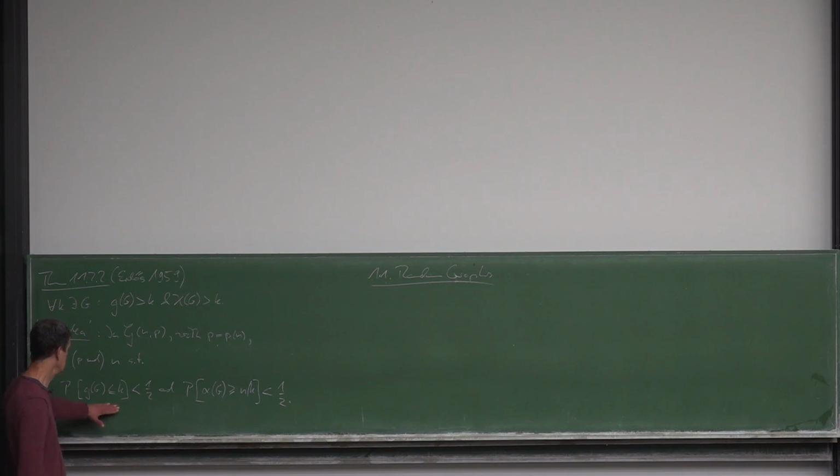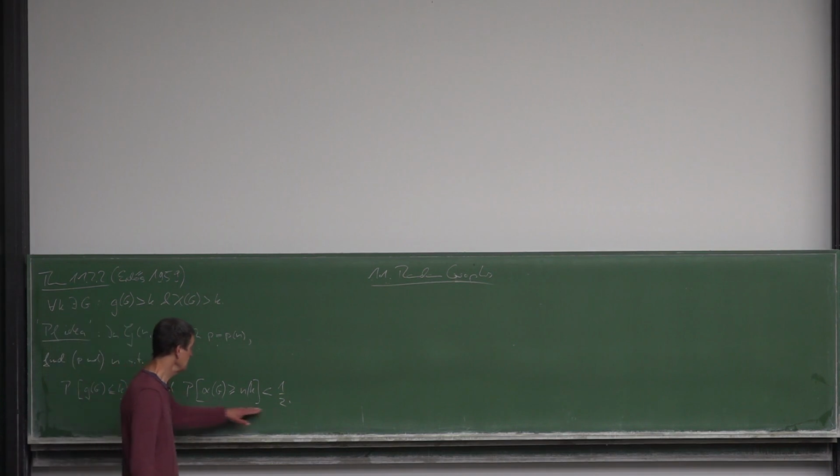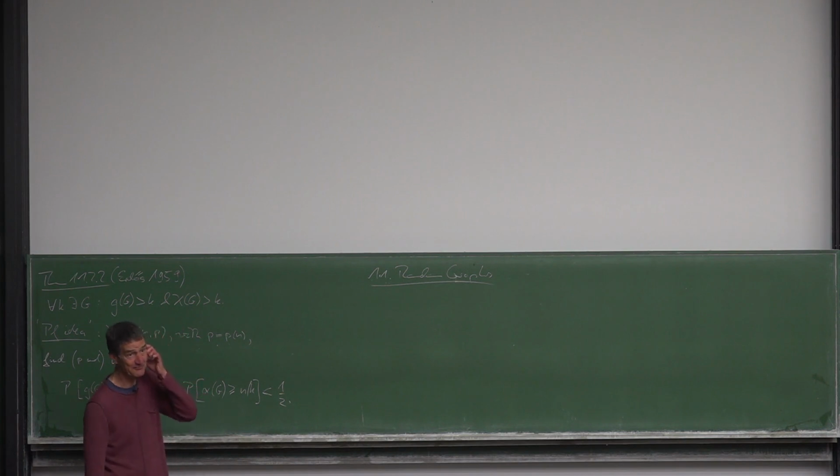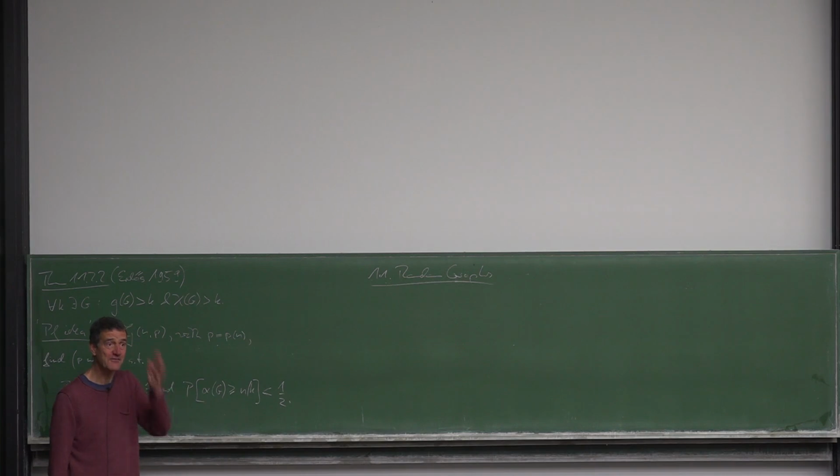In order to make it unlikely that we have short cycles, we want few edges. Right? So we want p to be small. In order to make it unlikely that we have large independent sets, we want lots of edges. So we want p to be large. And unfortunately, the threshold for both is exactly in the same place, namely at p equals 1 over n.